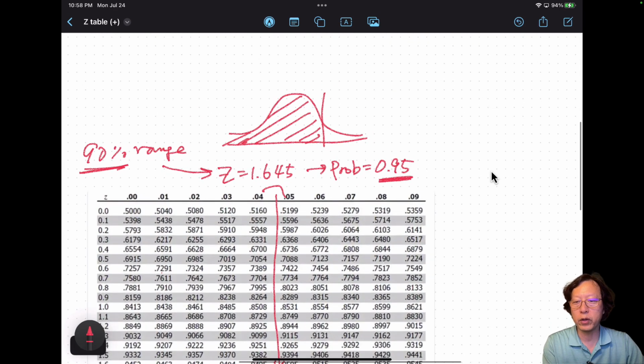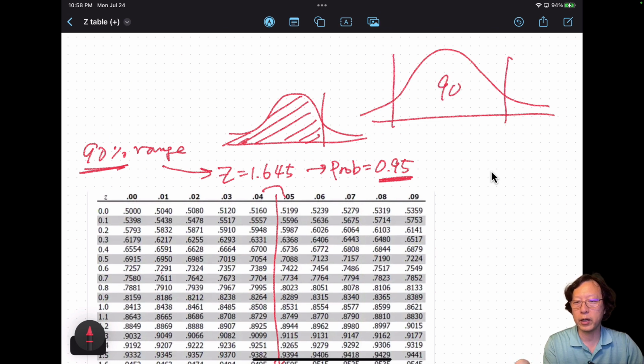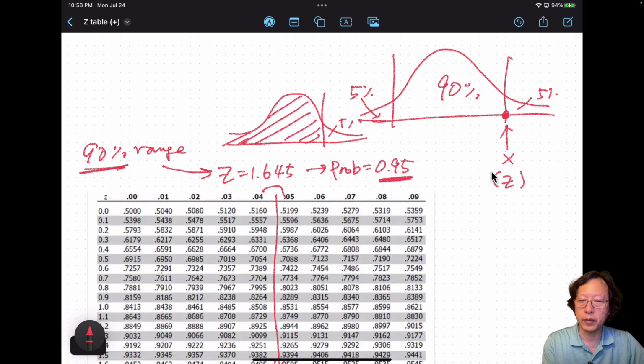However, if we want a 90% range, which means 90% falls in this center portion, then this is 5% and this is 5%, right? So if you want to find the exact z of this point, what should I look for? This is 5%, so this will be 95%.